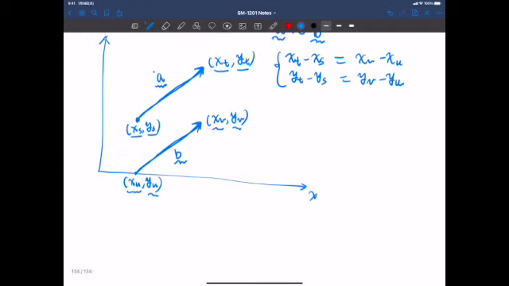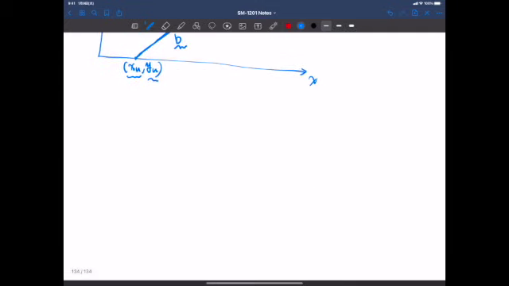So remember what an equivalence relation is? First of all, we need to show three things. Okay, first of all, it should be reflexive. So that means each arrow is related to itself. So is this true?